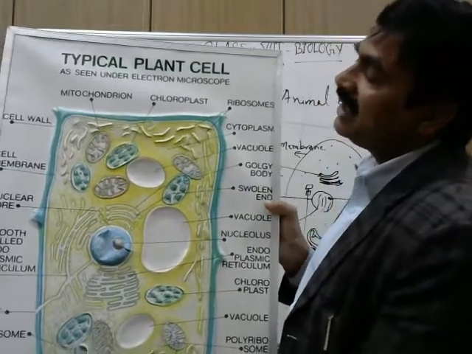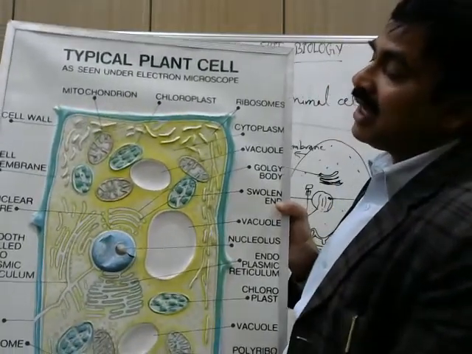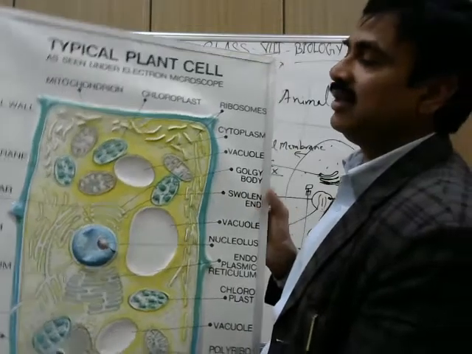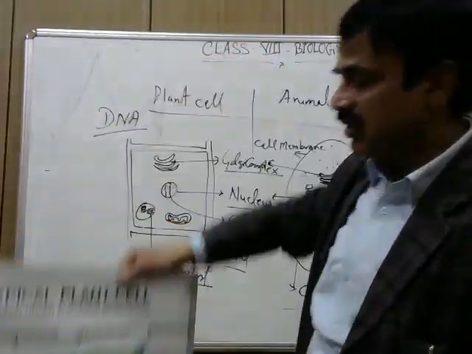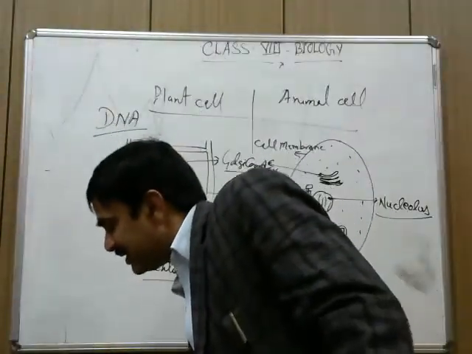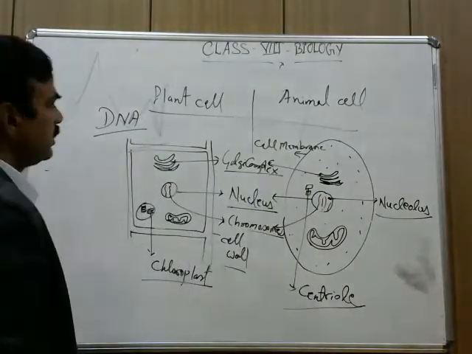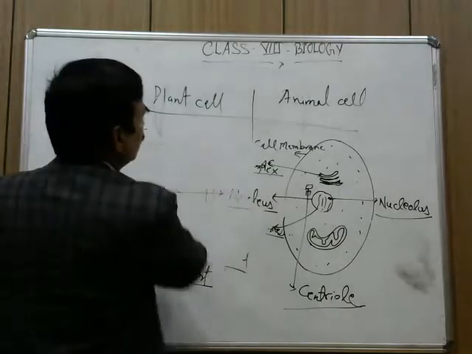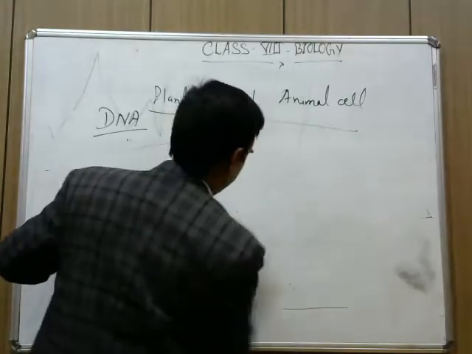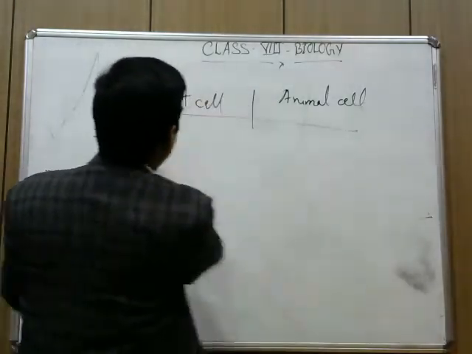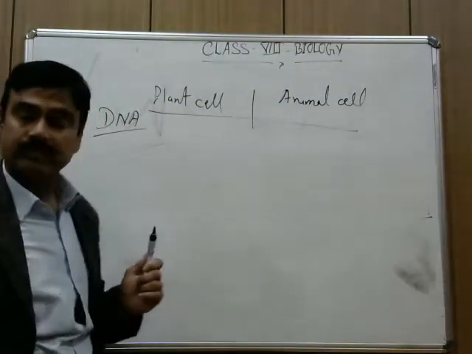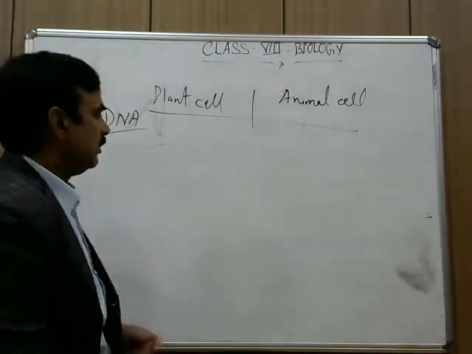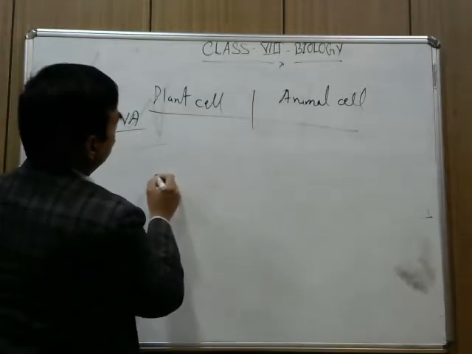So you have to see the chloroplast. I will also explain in my own diagram how to draw the chloroplast in big size. If you want to know the structure of chloroplast and the structure of mitochondria, I will explain here for you. And then I will also explain the difference table. Look at this first.